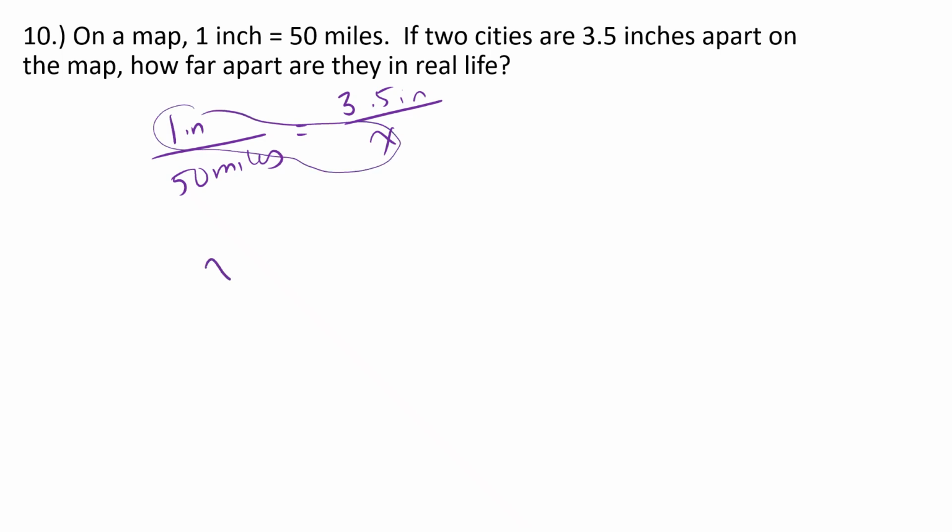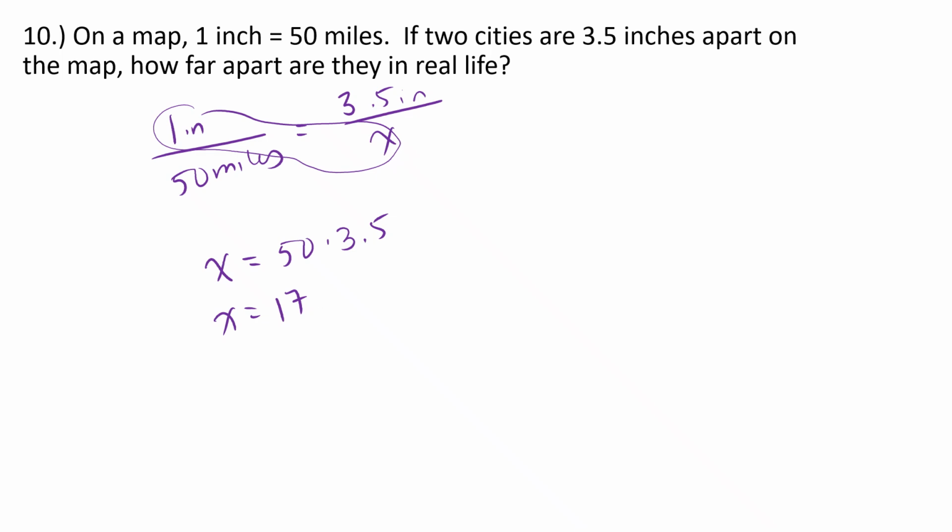1 times x is x. And so we just need to do 50 times 3.5. And what I've had a lot of students do when it's something like that, where it's 1 to something, is they know without thinking too hard about it that they need to multiply by 50. And that's generally fine. Oh, that's not right.